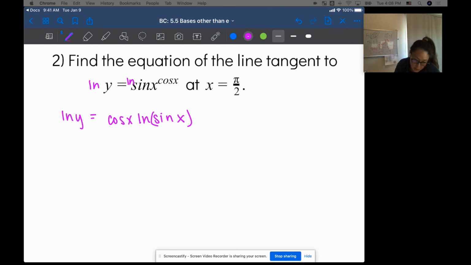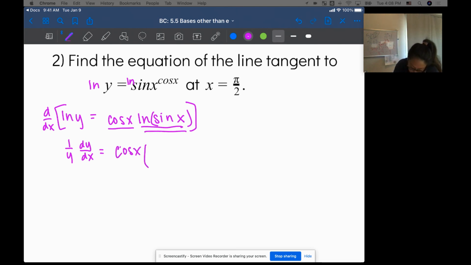Then we're going to take the derivative of this, so d/dx. The derivative of ln y is 1 over y, dy/dx, is equal to, and then we have lefty right, righty left. So the left is cosine of x, and then the derivative of the right would be 1 over the sine of x times the derivative of sine x, the inside.